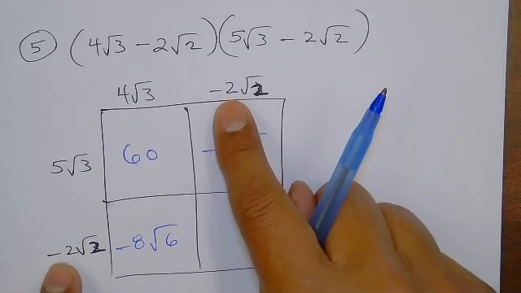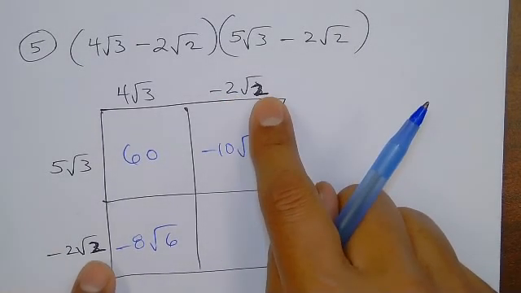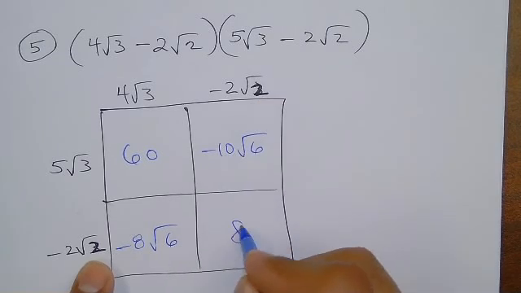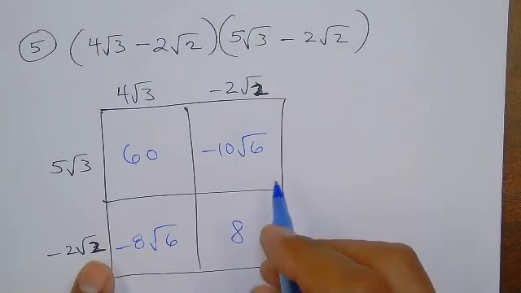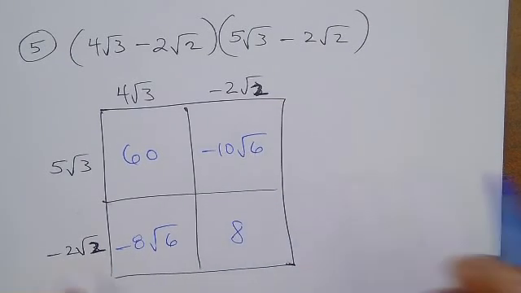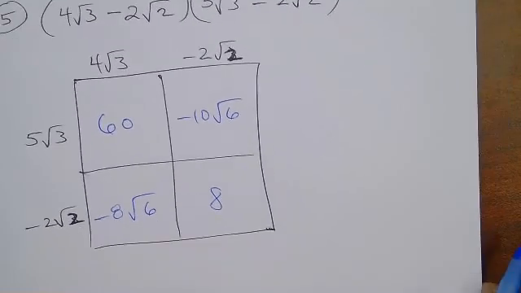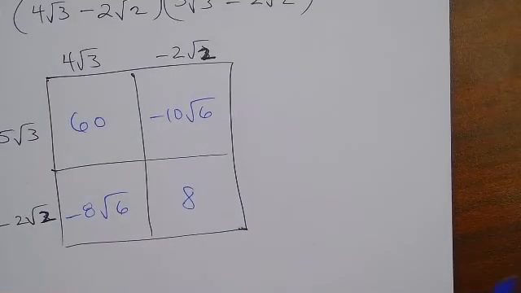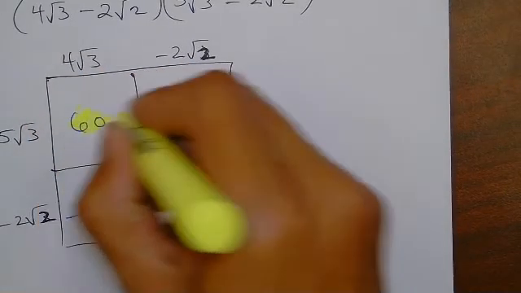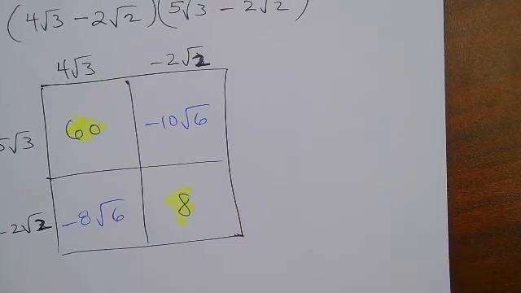And then negative 2 times negative 2 is positive 4 times another 2 is positive 8. You should have done your work on the side, but is that right? That's good. All right, that means this is what you should have.